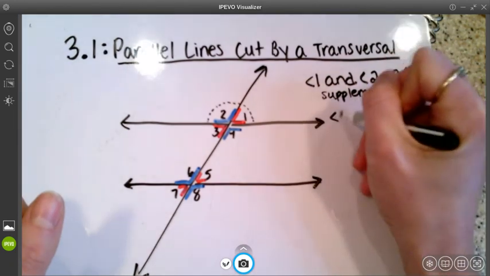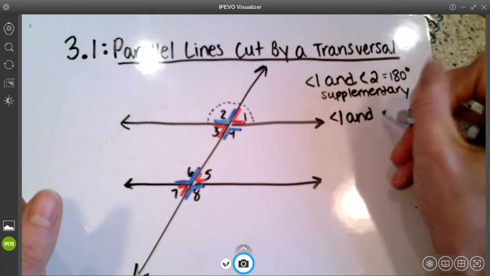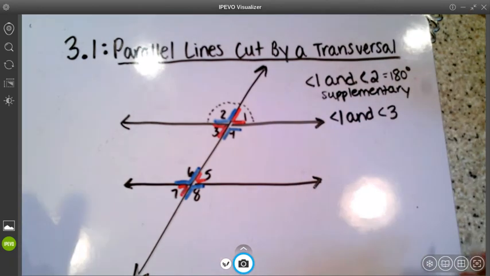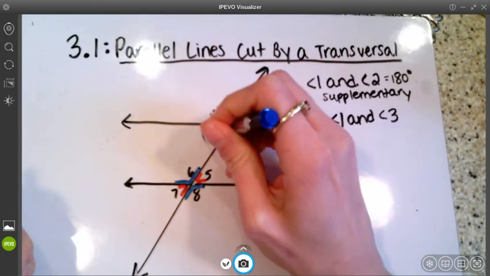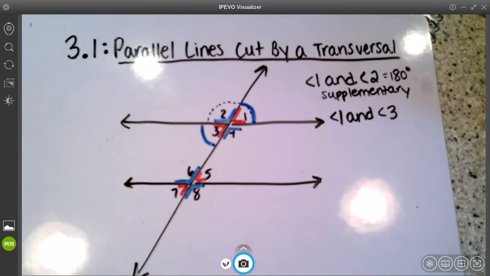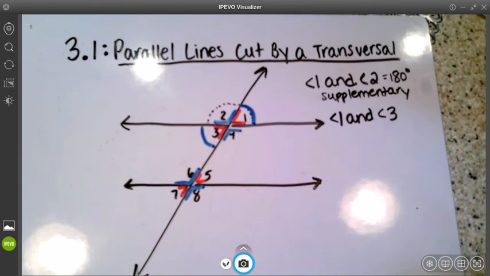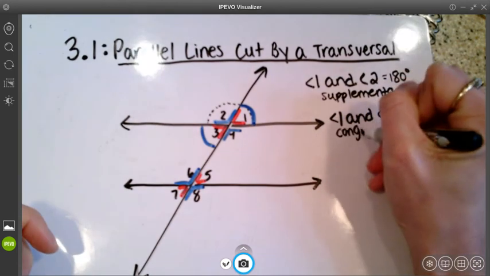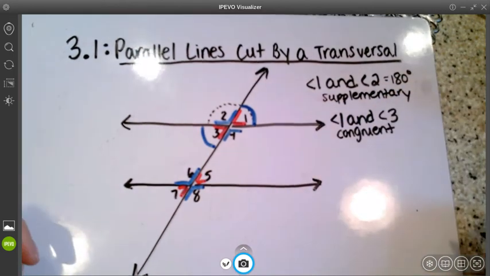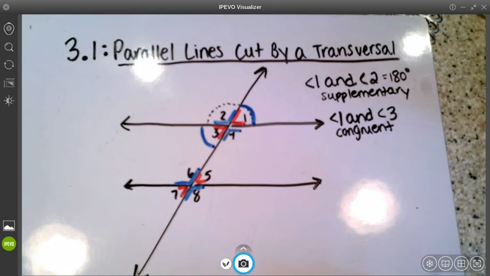Let's talk about angle 1 and angle 3. Let's notice where they are from each other. Here's angle 1 and here's angle 3. So, first step, are they the same? Are they congruent? Yes, they are congruent. Next step after that, we need to determine, well, what is the angle relationship?